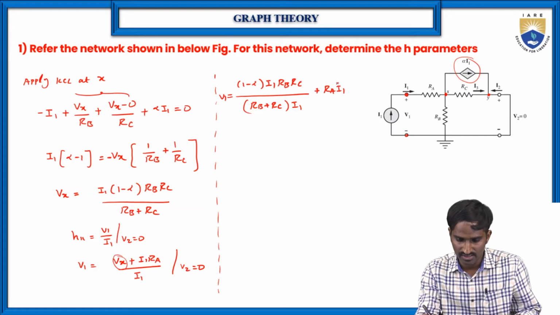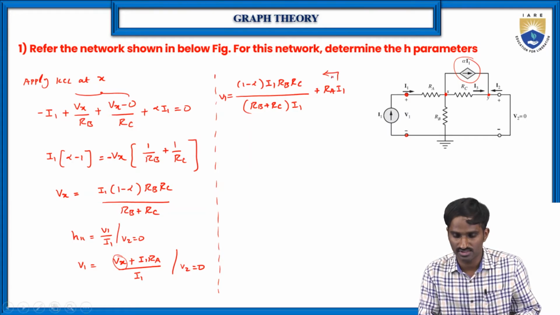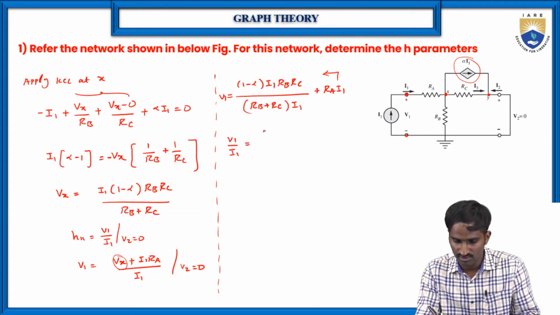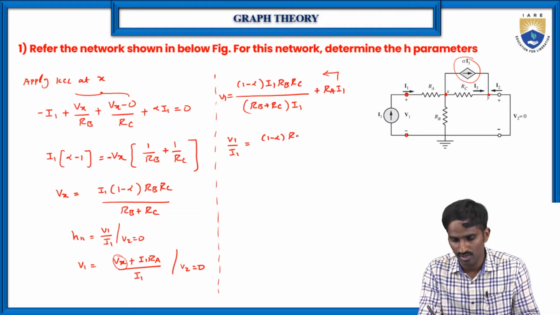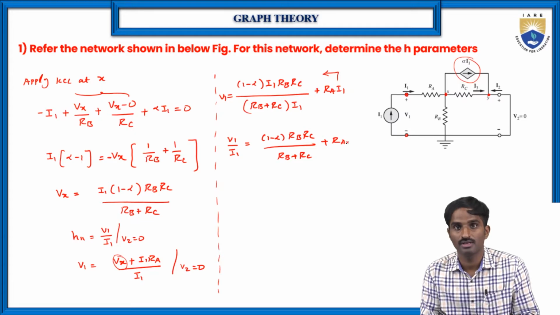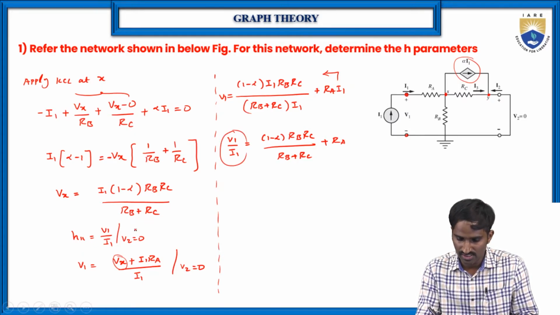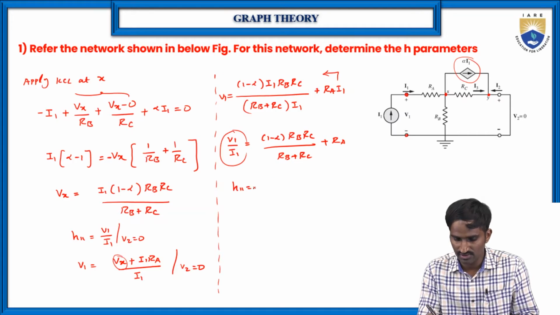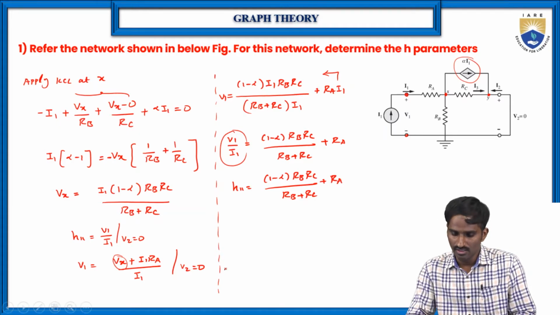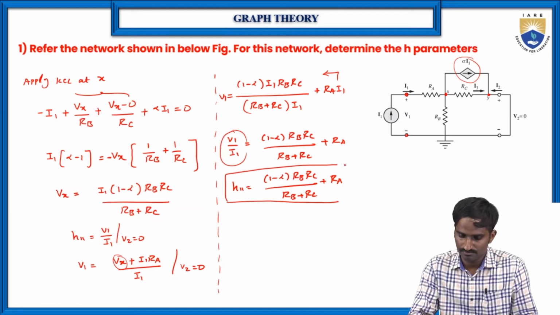If you take I1 as a common and send it to this side, then V1 by I1 is equal to 1 minus alpha into RB RC by RB plus RC, plus RA. V1 by I1 is equal to H11. So H11 is equal to 1 minus alpha into RB RC by RB plus RC, plus RA. This is how we can find H11.